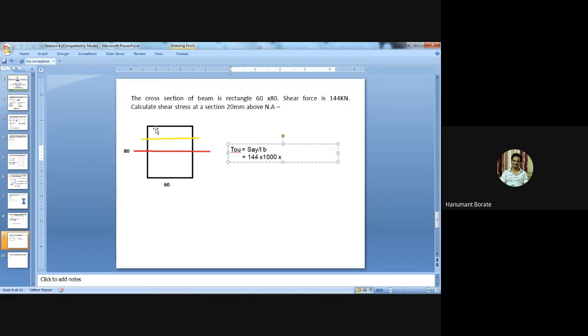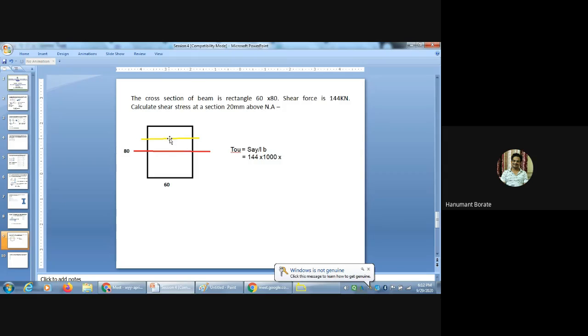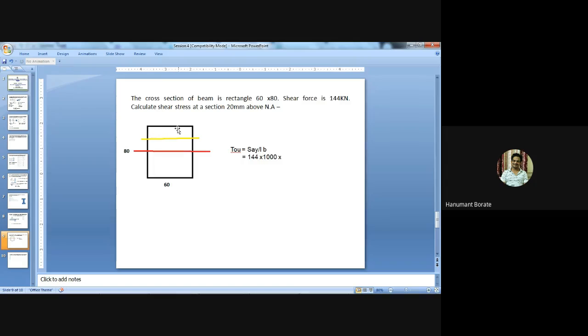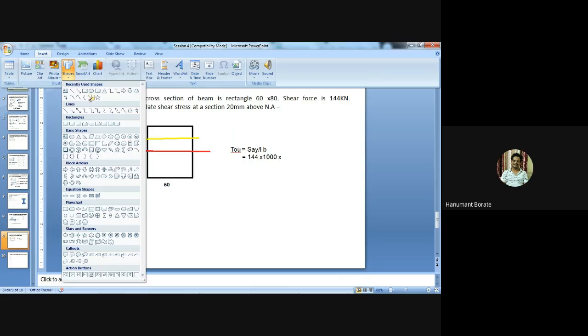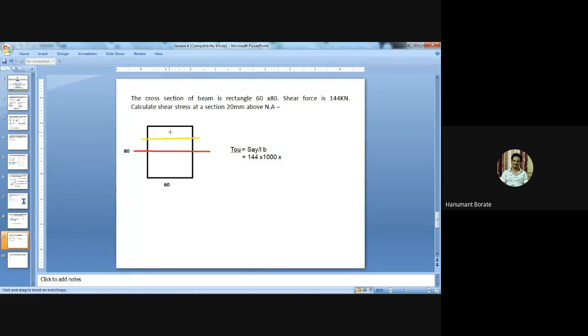To calculate the value of A y bar, as per the given statement, we need to calculate shear stress at this yellow line. So we need to consider the area above the strip, this much area, and the center of this area will be at the center of a rectangle.